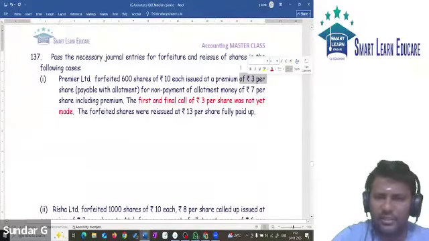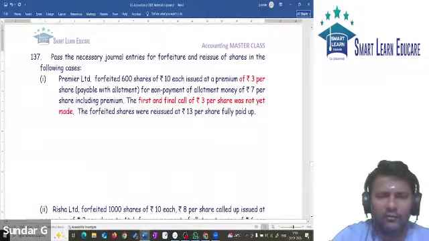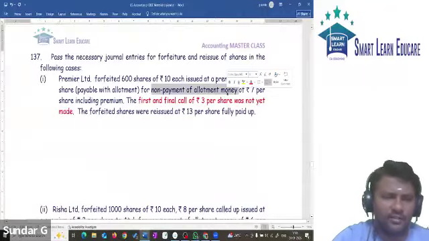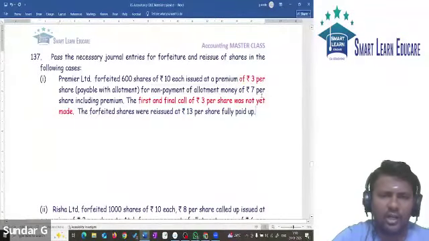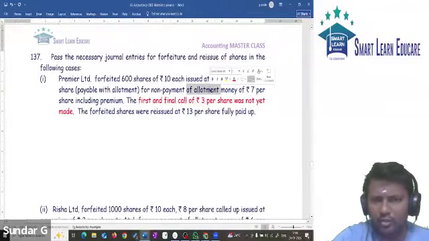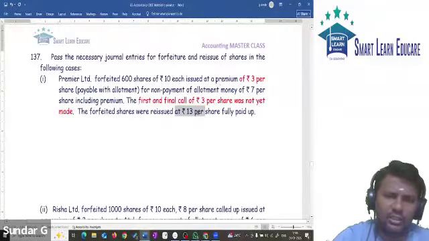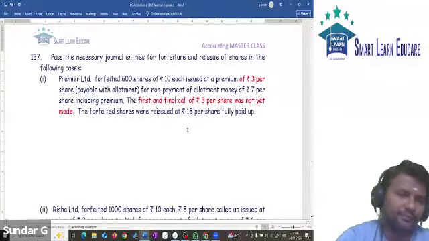For non-payment of allotment money, 7 per share, and the first and final call of 3 per share, was not received. These shares are reissued at 13 as fully paid.